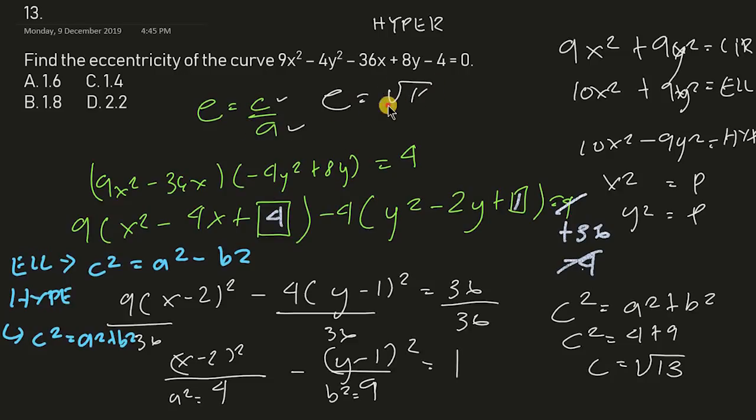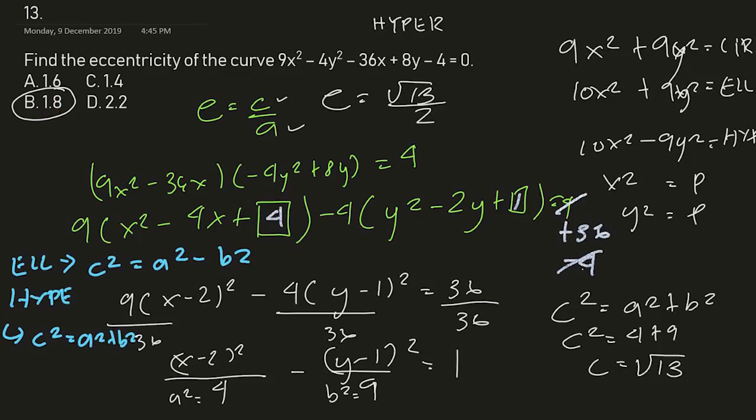Eccentricity is equal to square root of 13 divided by the value of a, which is square root of 4, which is 2. Using our calculator, square root of 13 divided by 2 is 1.8. Okay, so that's it guys. This is the answer, 1.8, letter B.